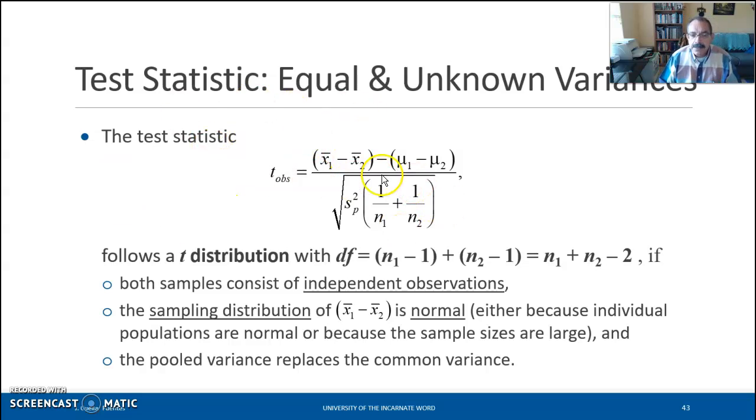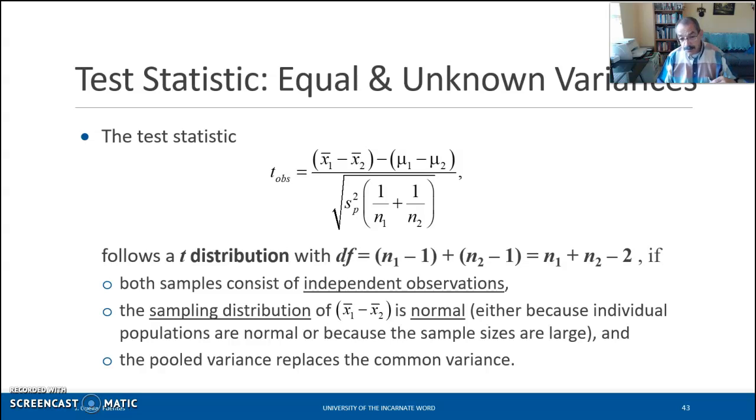Now, this test statistic follows a t-distribution with degrees of freedom of n1 minus 1 plus n2 minus 1, which is the sum of the two degrees of freedom, or we just simplify as n1 plus n2 minus 2.